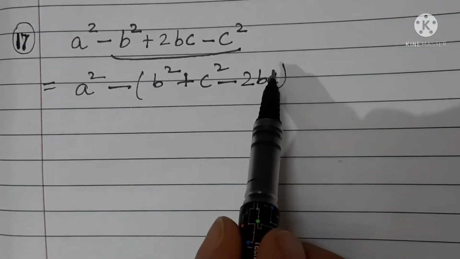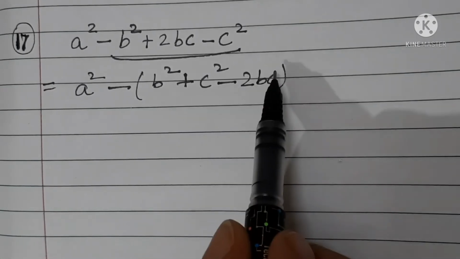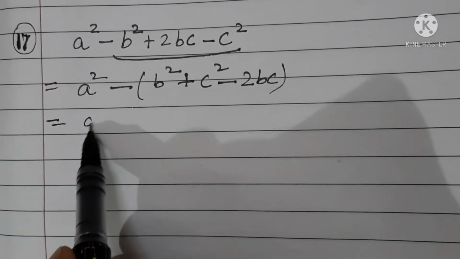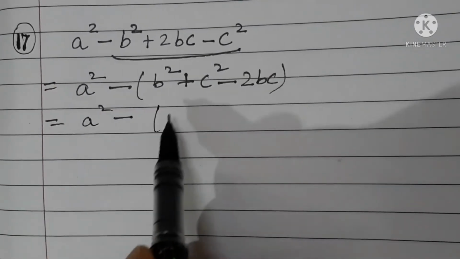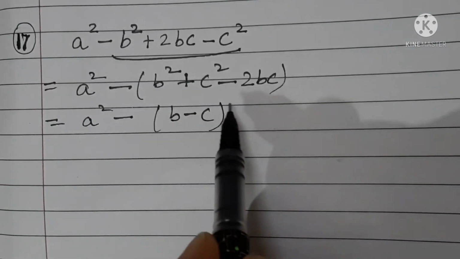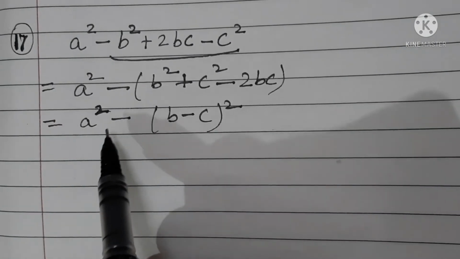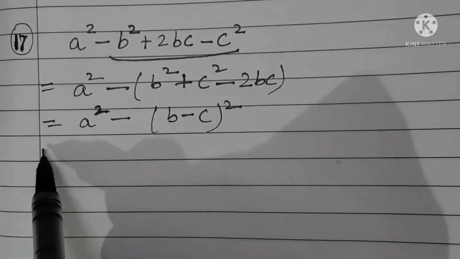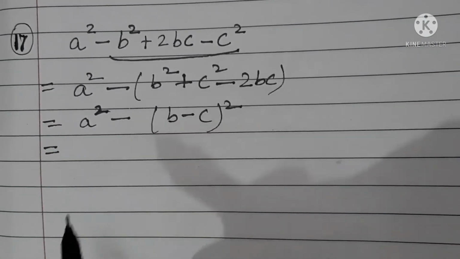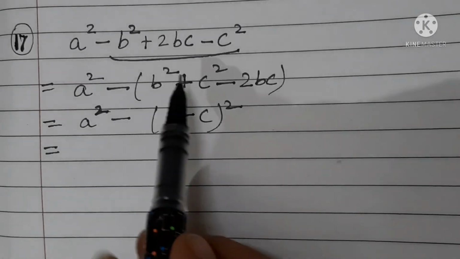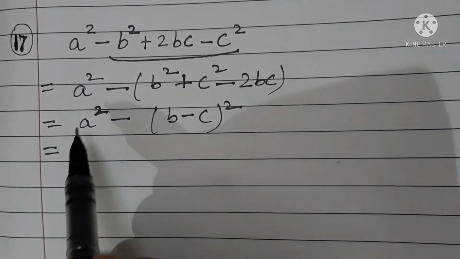Now this is of the form (b − c)², so a² − (b − c)². Now this is of the form of a difference of two squares, and you can use the identity now.